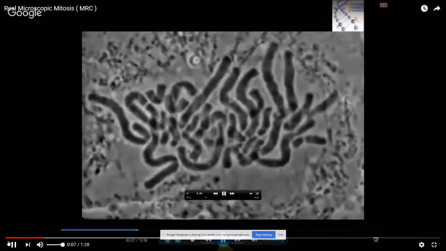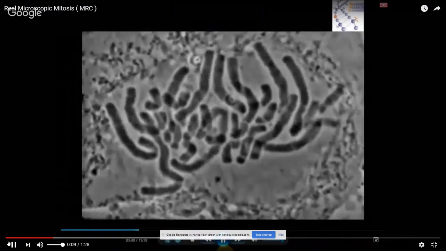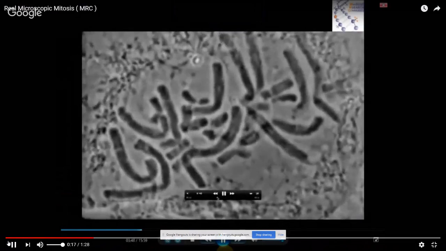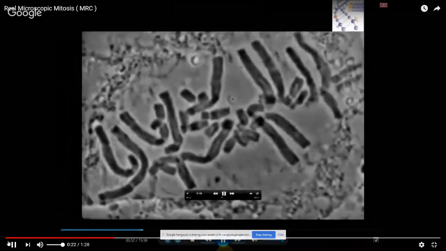The chromatin is starting to condense into chromosomes, starting to line up in the center. So these are replicated chromosomes. You can kind of barely make out the 2 sides, right? And then this would be anaphase, where they're being pulled apart.